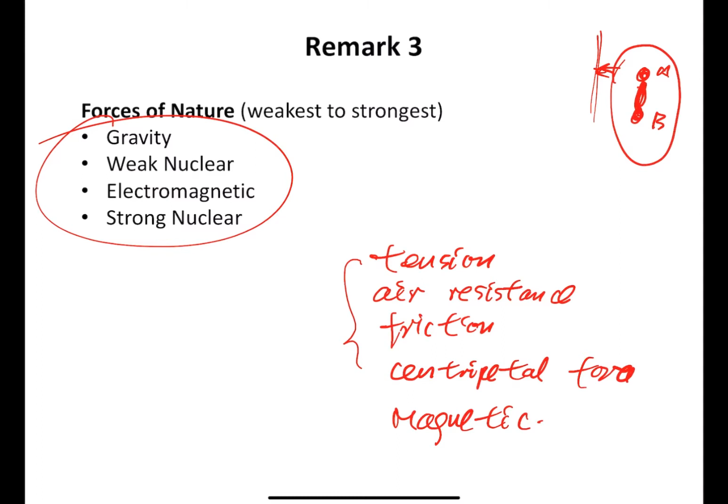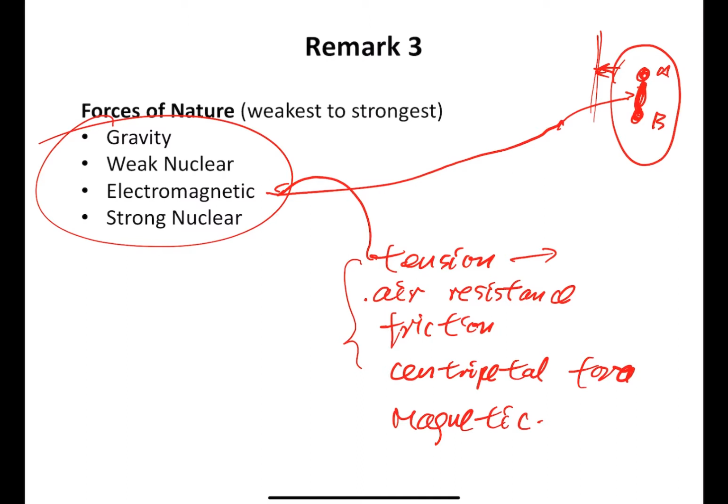And this chemical bonding intrinsically belongs to electromagnetic. So whenever chemical bonding is involved, it is electromagnetic. So yes, tension is electromagnetic. How about air resistance?